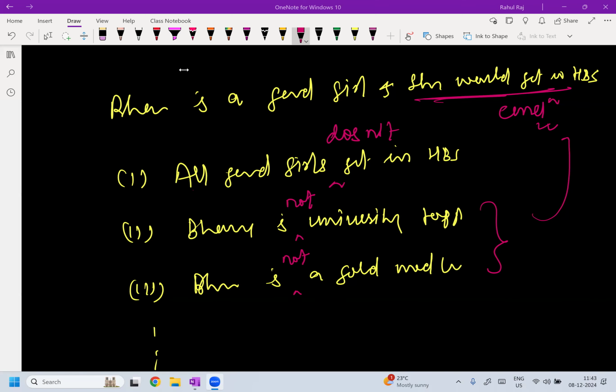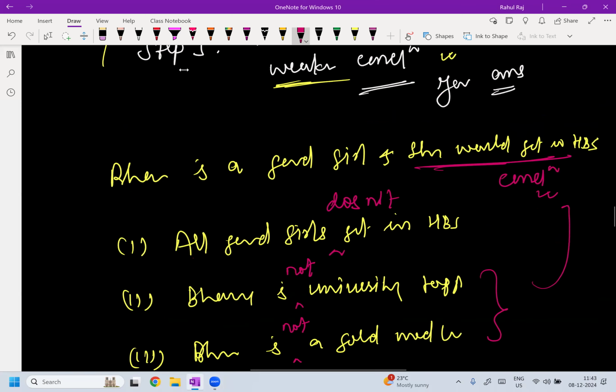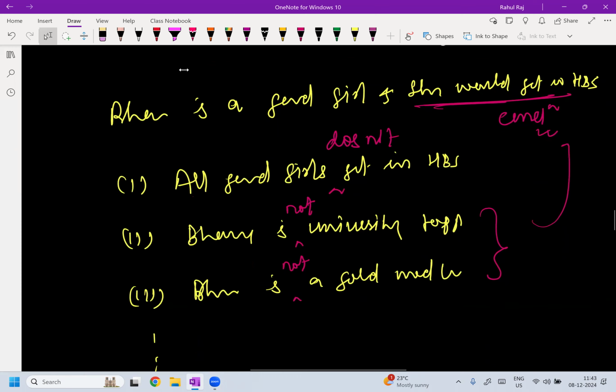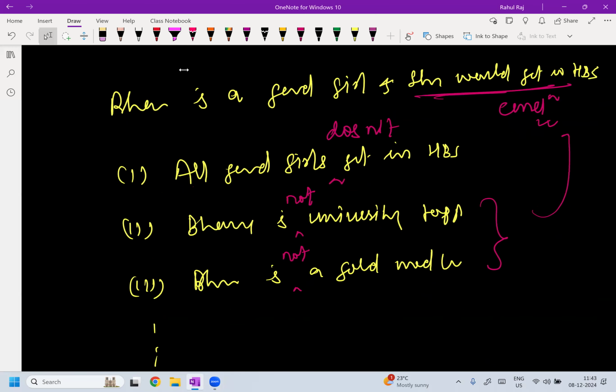Perfect. Now see here, the reason behind this is, Rahul, just one question. Yes, Raghav. The reason why options 2 and 3 are also not being taken is because they are just talking about Bhavna. If you have this understanding, it's a beautiful thing, Raghav. But if you don't, then just follow the process. Bhavna is not a university topper.